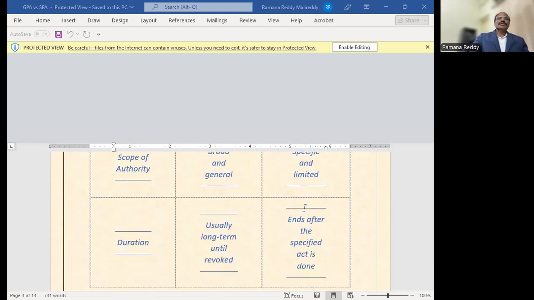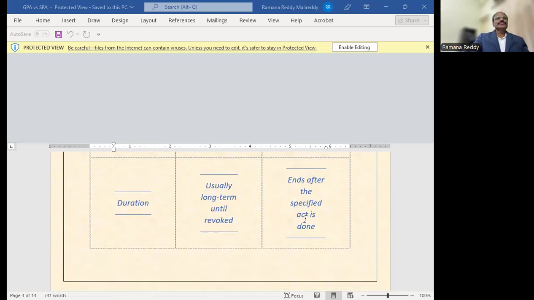And duration: GPA is usually long term until revoked or death, whereas SPA ends after the specified act is done. Because you are giving it for one transaction, for selling this property, once the property is sold, then SPA is over.